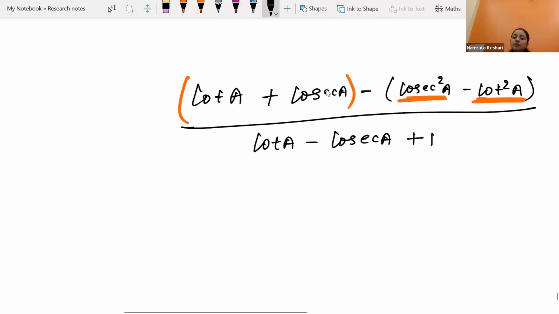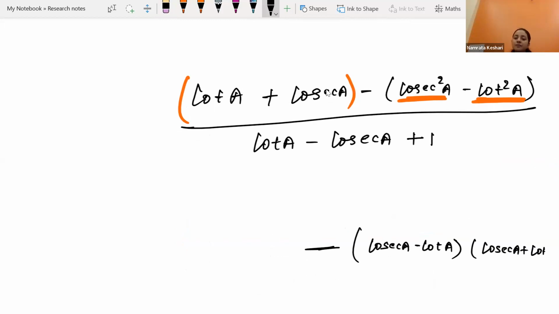We will write for that part cosec A minus cot A in one bracket, a plus b in the other.